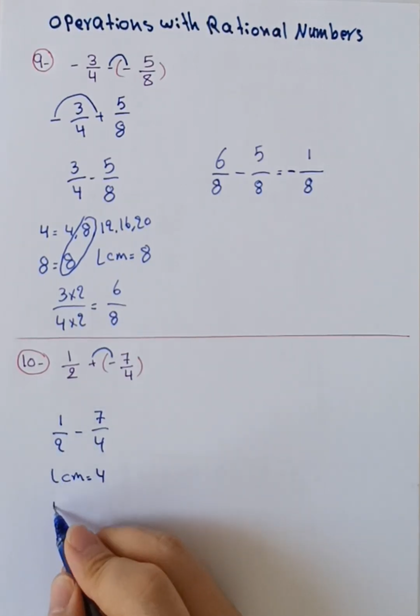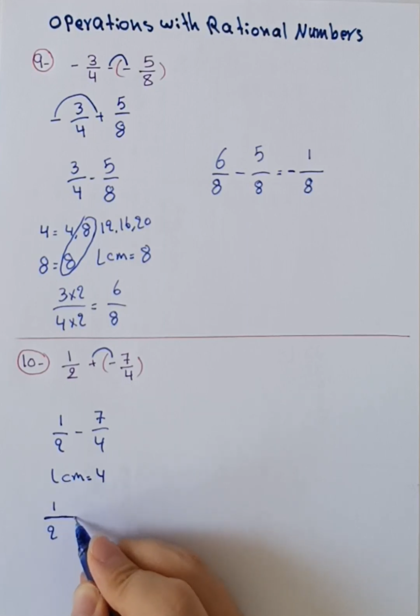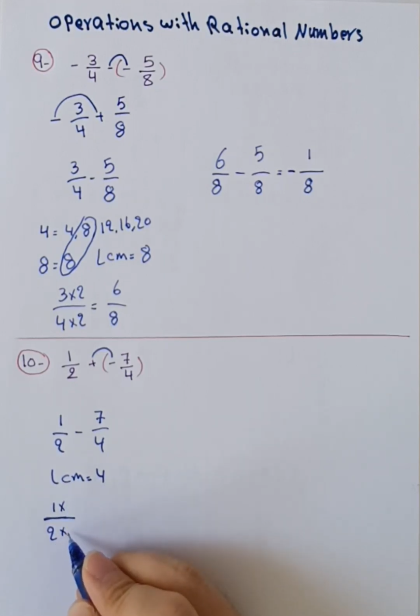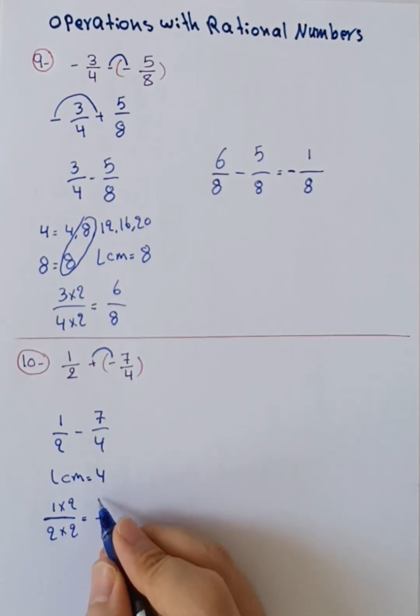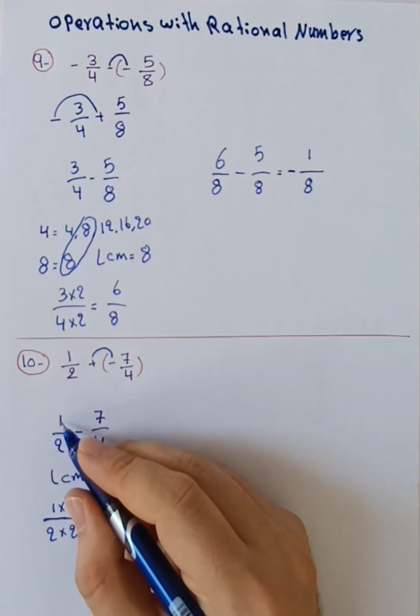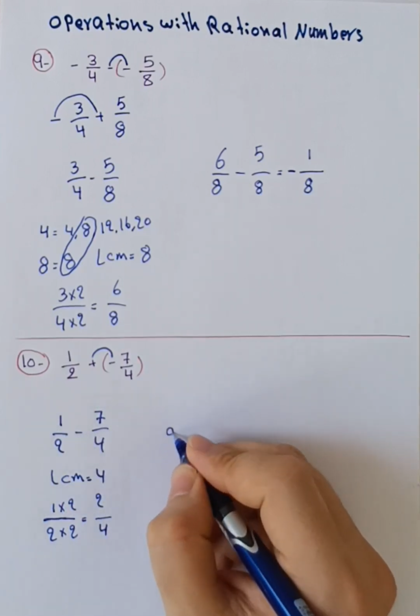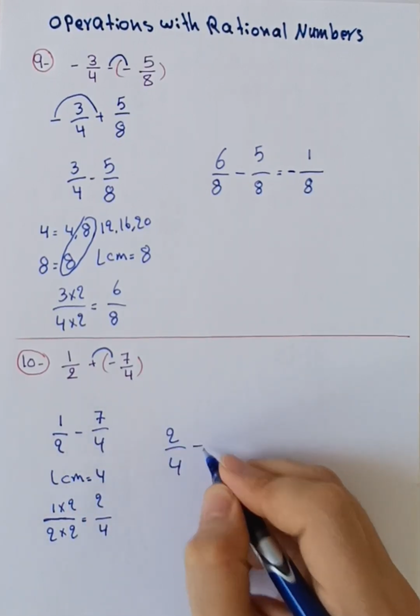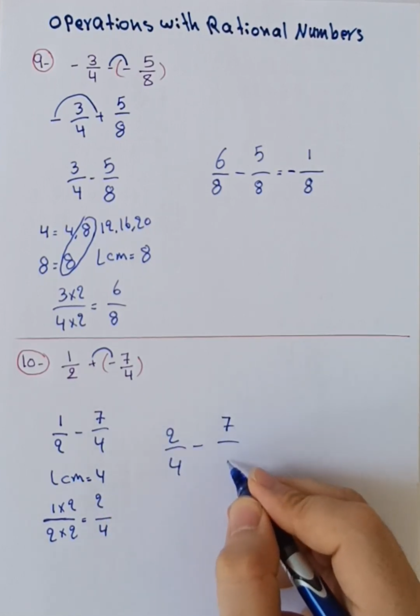We have to change 1 out of 2 by multiplying by the number that makes 2 into 4, which is 2. 1 times 2 is 2, 2 times 2 is 4. So 1 out of 2 is 2 out of 4, minus 7 out of 4.